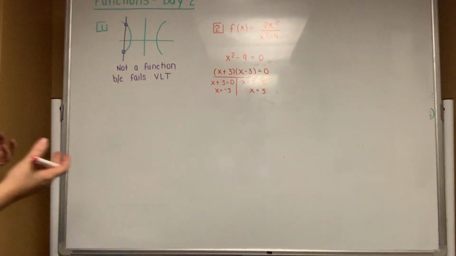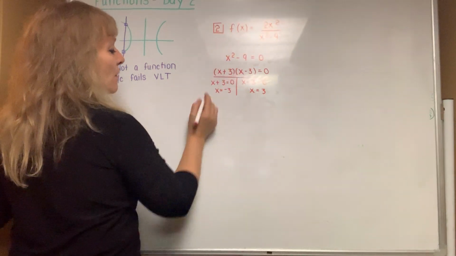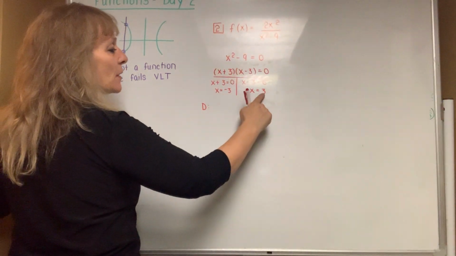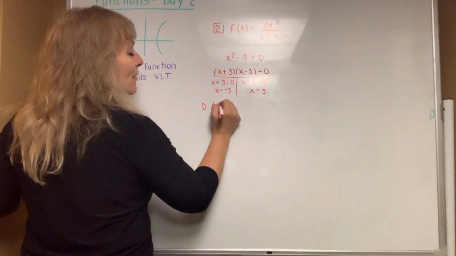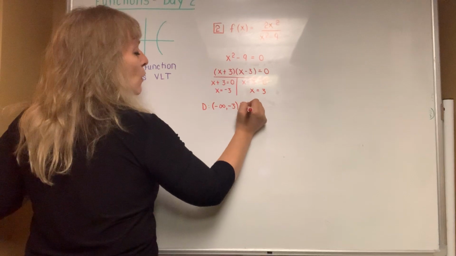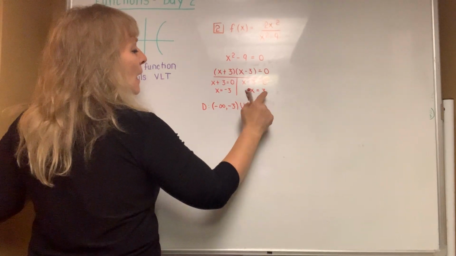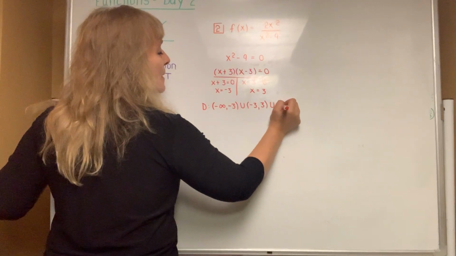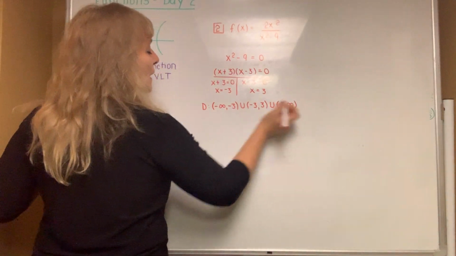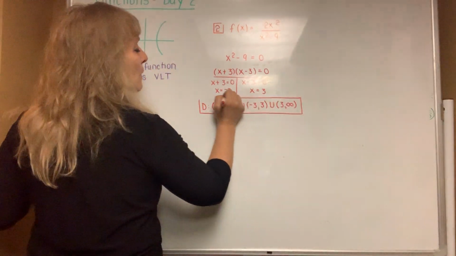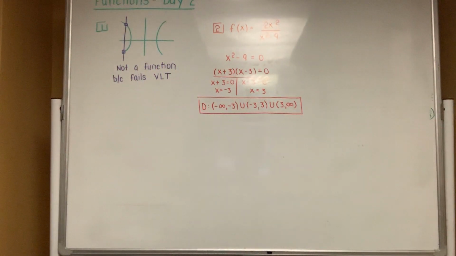So in interval notation, the domain is all real numbers except these two. It's negative infinity to negative 3, but you have to jump over negative 3 and go to positive 3, and then jump over positive 3 and go to infinity. So this is how you write down the domain of the function above.